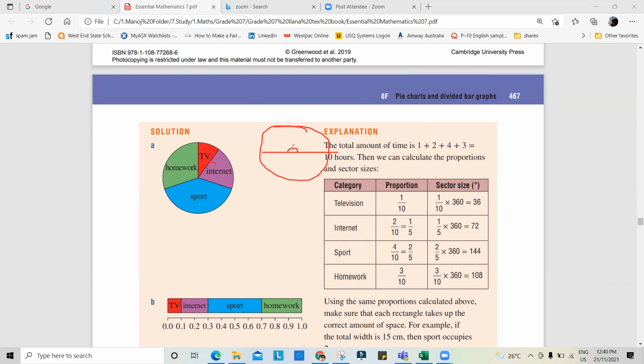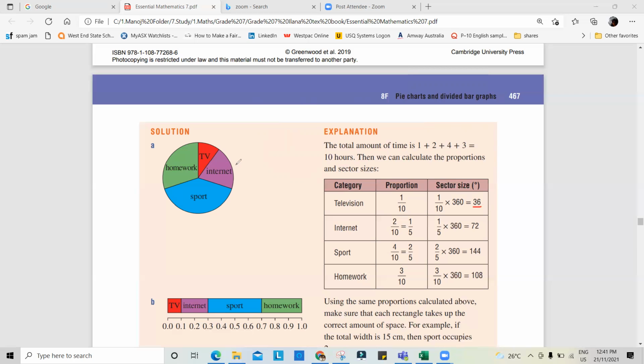That means 360 divided by 10, 36. Roughly that is 5 pieces within 180 degrees. Now, how you get 36 degrees is 1 over 10 multiplied by 360, which is 36.